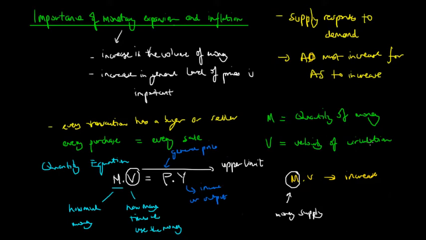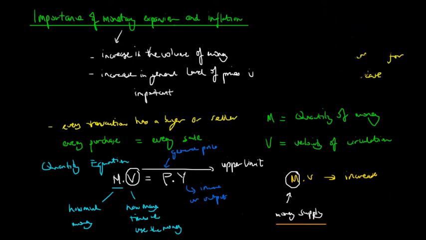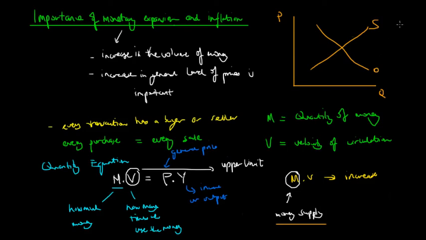So as a result, we can see that because the money supply increases, therefore the worth of money decreases. So as we can see, if we use a simple demand and supply analysis, if the quantity or the supply of money increases, therefore the value of money would decrease from P1 to P2.